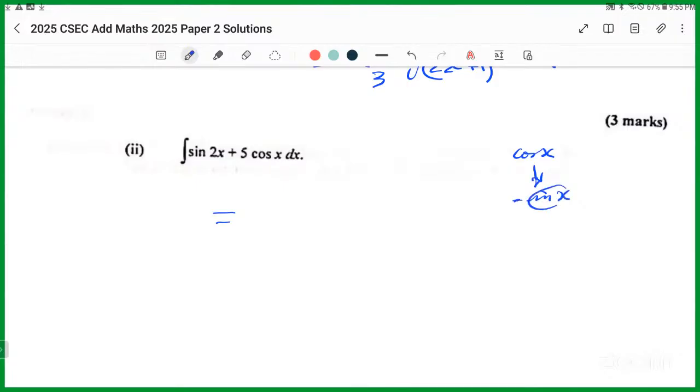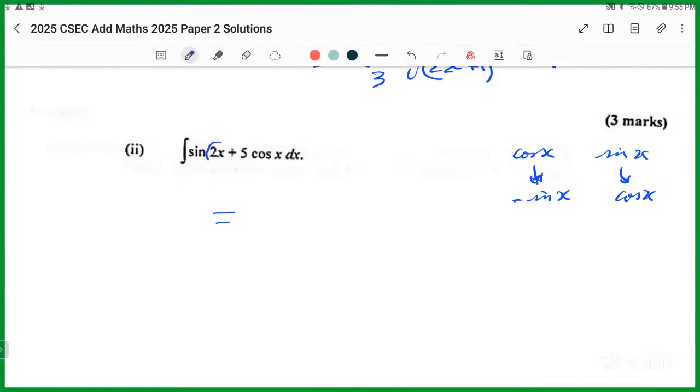So if you integrate sine x, you're going to get minus cos x. When you differentiate sine x, you get cos x, so when you integrate cos x, you get back sine x. So integrating sine, we want to get back minus cos, because it's cos that gives you minus sine.